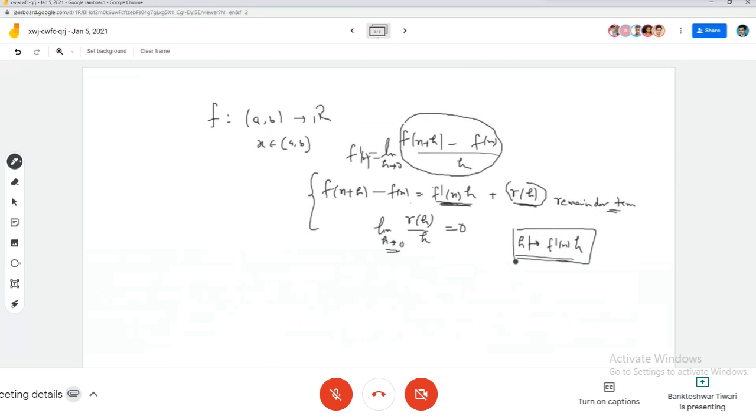So for me, the derivative at a point is not simply a number, but actually this linear function, which is actually the best linear approximation of the given function in the neighborhood of the point x.